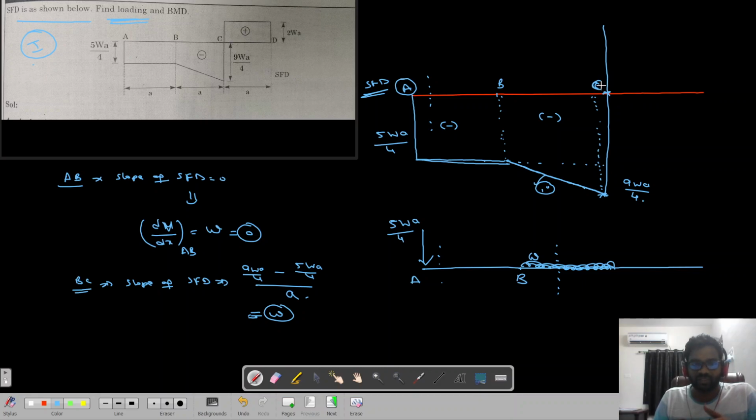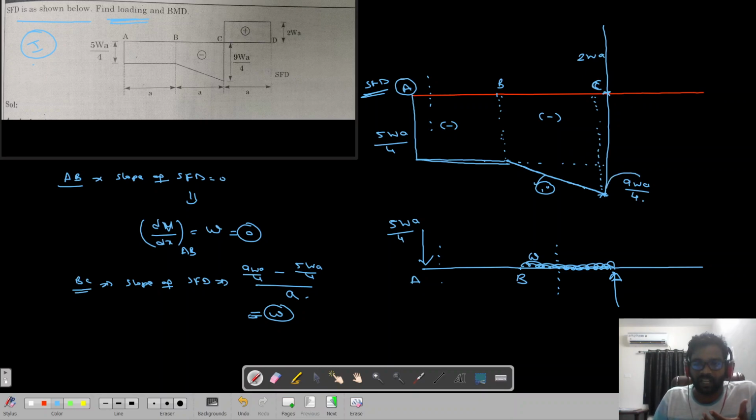Sudden rise in the sense there is some upward force acting at this point, which will be equal to the sudden rise, that will be equal to the point load that is acting here.